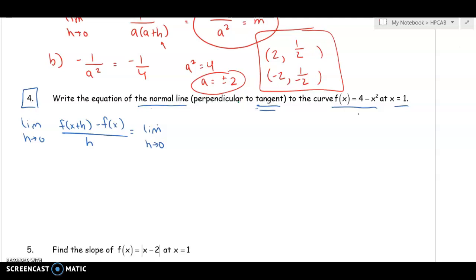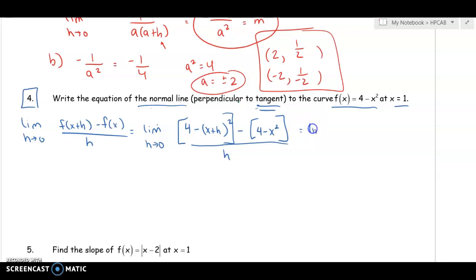So we've got f of x plus h, so we've got 4 minus x plus h squared. I'll replace the x in a second. Minus f of x, which would be 4 minus x squared, all over h. And I'm going to replace the x with a 1.